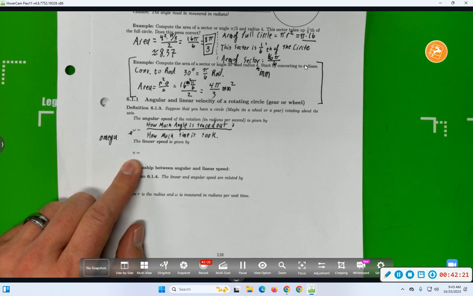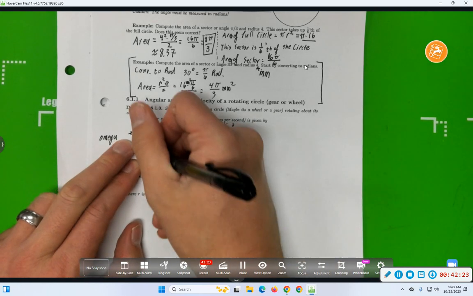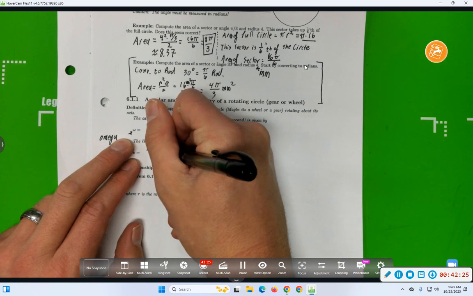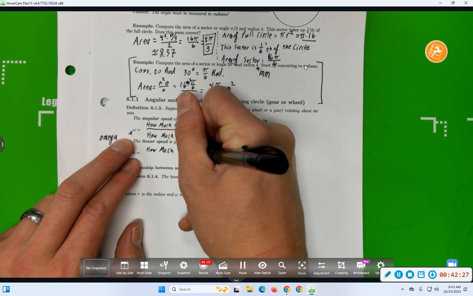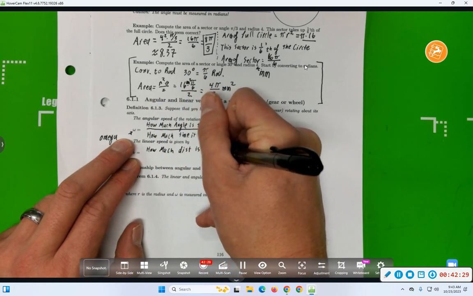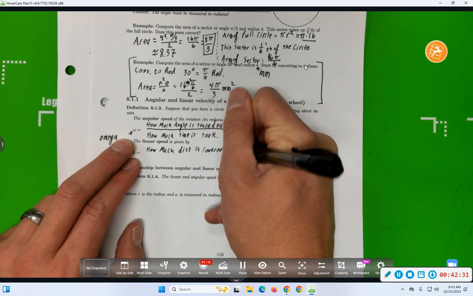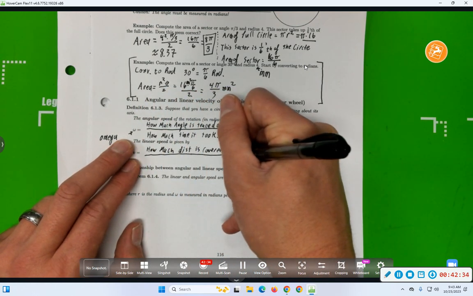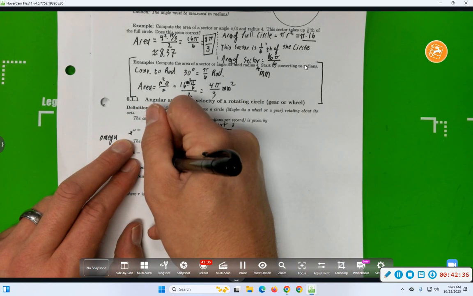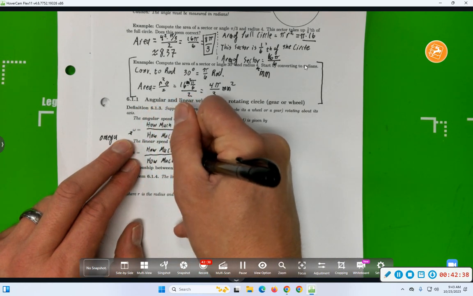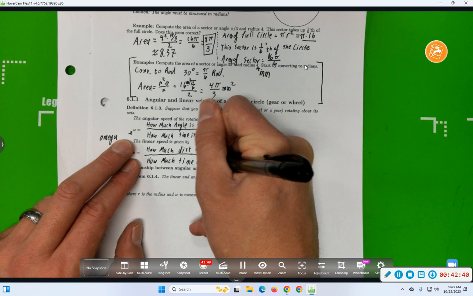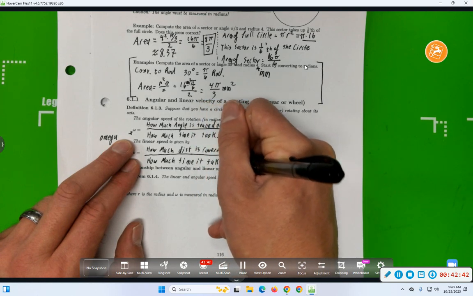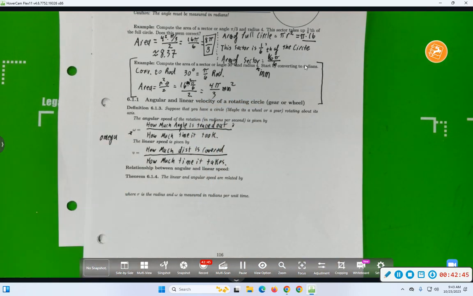The linear speed is given by exactly what you think it should be. How much distance is covered, divided by how much time it takes. And we're not talking about distance as the crow flies. We're talking about literally how much arc length the point travels along the circle.